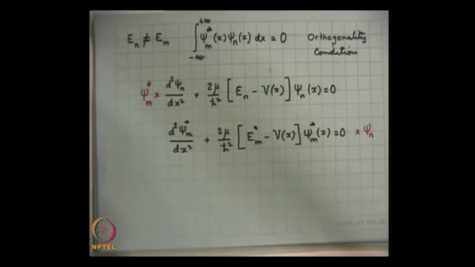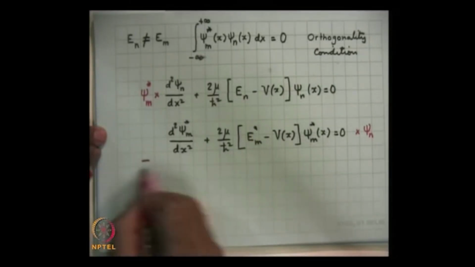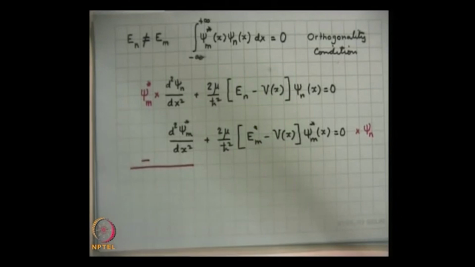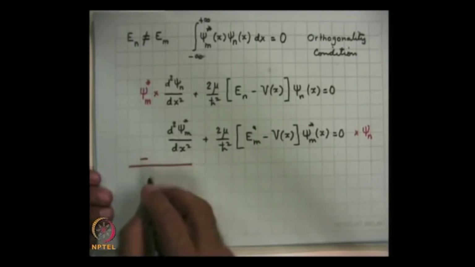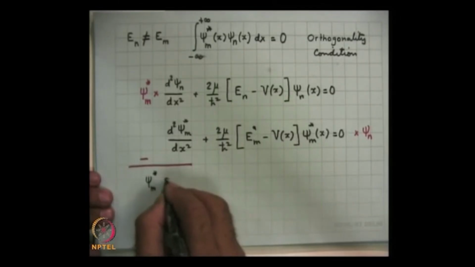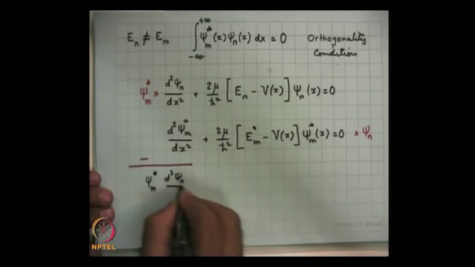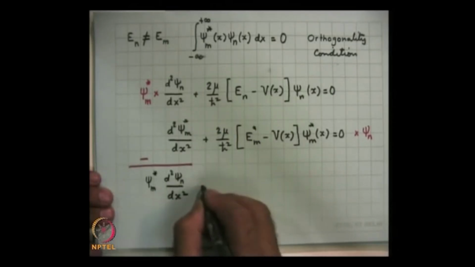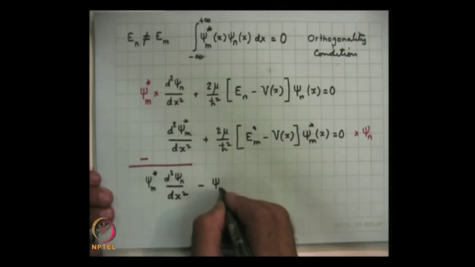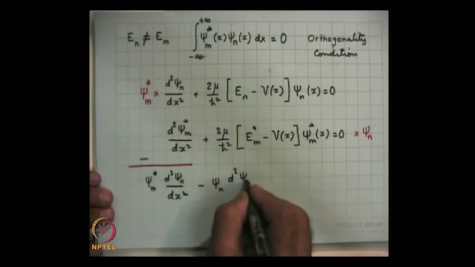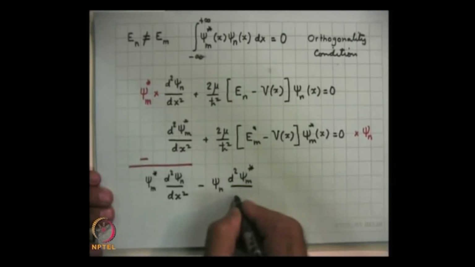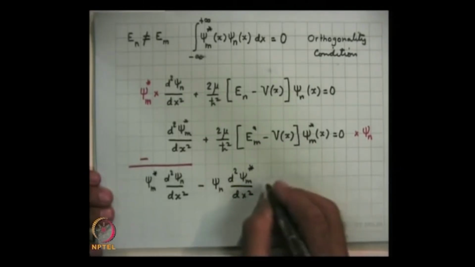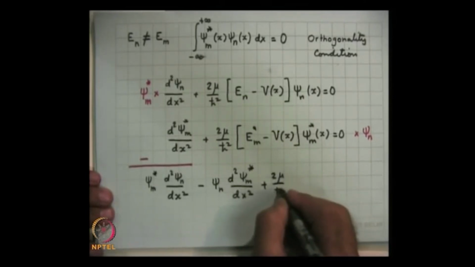So, if you multiply the second equation by psi n of x and then subtract, as we had obtained in my earlier slide, we will obtain psi m star d 2 psi n by dx square minus psi n d 2 psi m star by dx square plus 2 mu by h cross square.